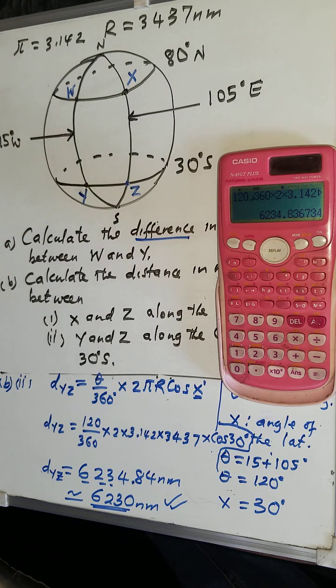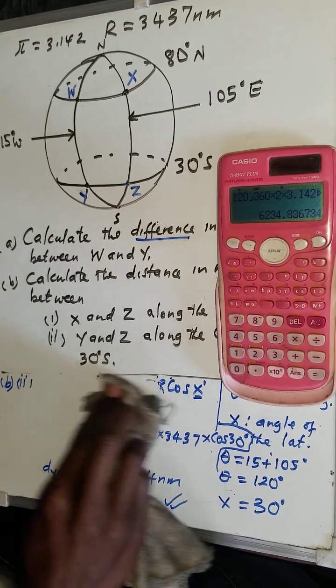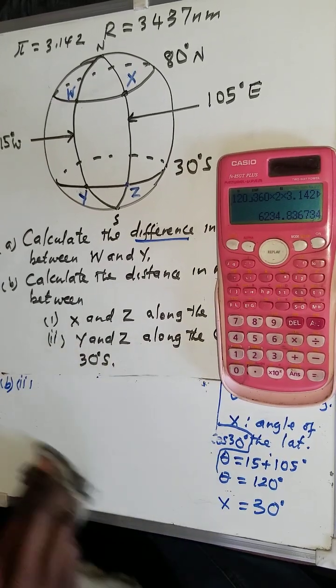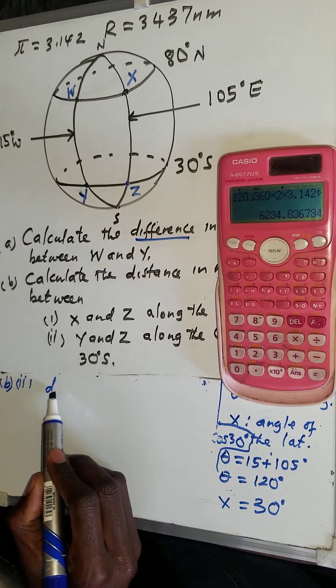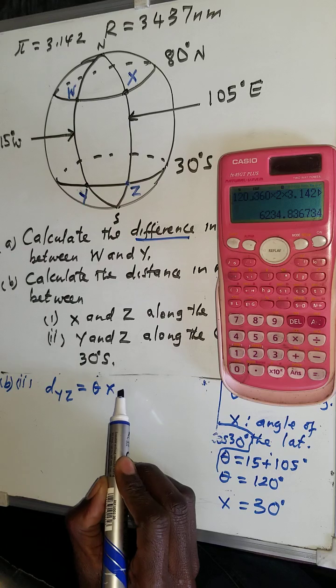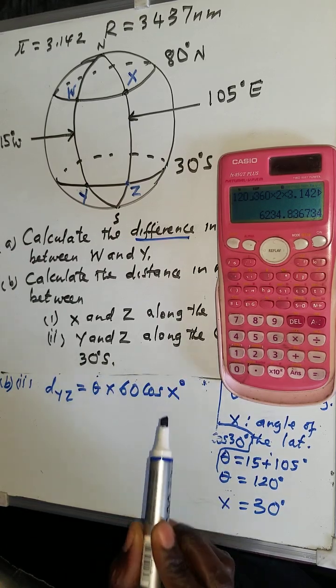Now I want to show you another method. Please take note of this value that you're having. Because it is in nautical miles, you can also apply another simple formula for you to calculate the distance along the latitude. So the formula that you can apply, which I want to show you, yz, is simply, I can say theta multiplied by 60 cos of x degrees.